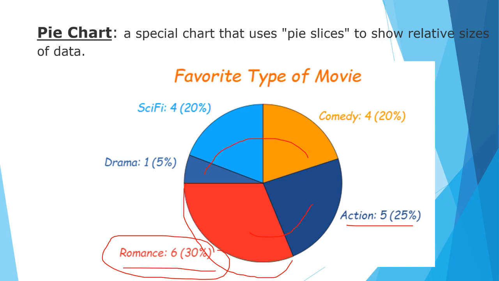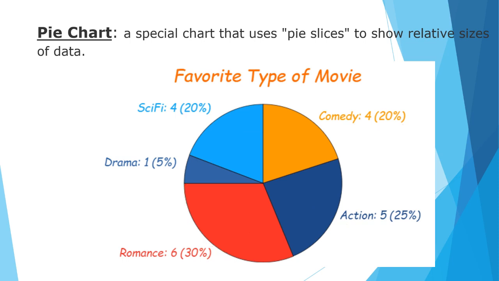Then after that, we have the 4, so 20%, pareho silang 20%, so see to it, magkapareho silang dalawa. Yung area ng dalawang pie nila ay magkapareho dapat. And of course, ang pinaka-last na may 5%, dapat siya yung may pinakamaliit na area dito sa pie.